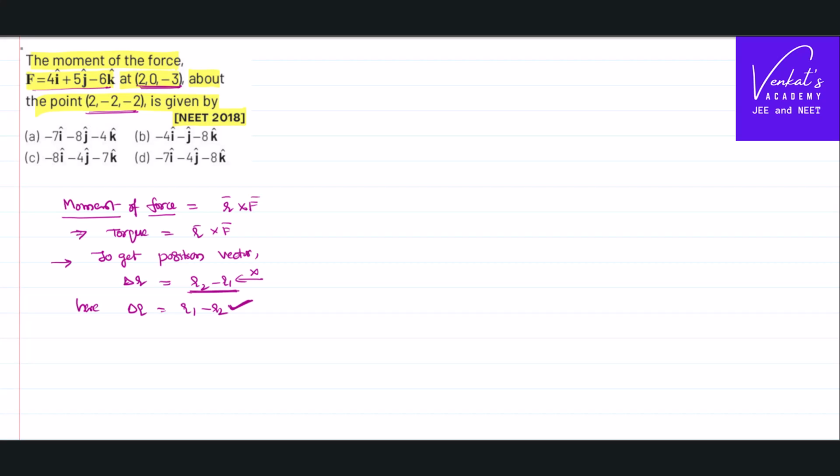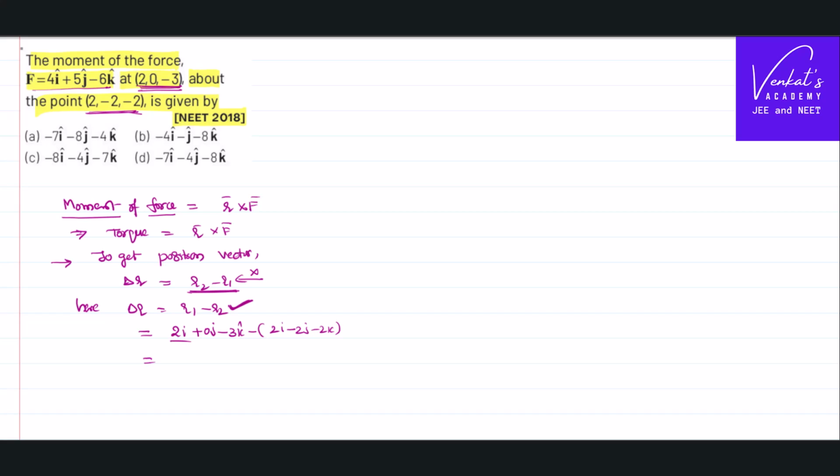So what is delta R? R1 minus R2: the first vector is 2, 0, 3, that means 2i cap plus 0j cap minus 3k cap, minus R2, which is 2i minus 2j minus 2k.